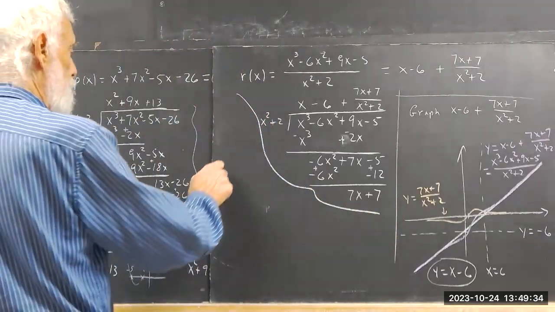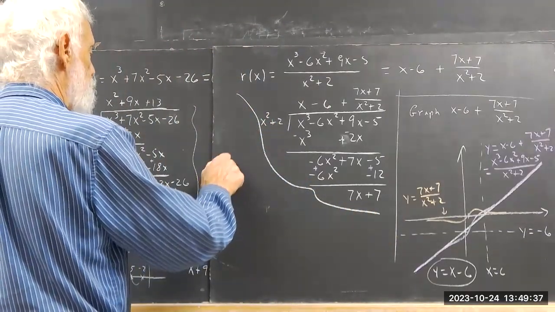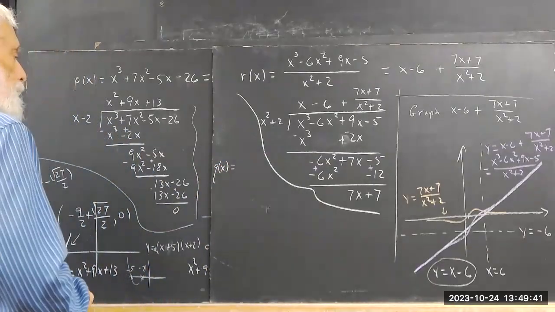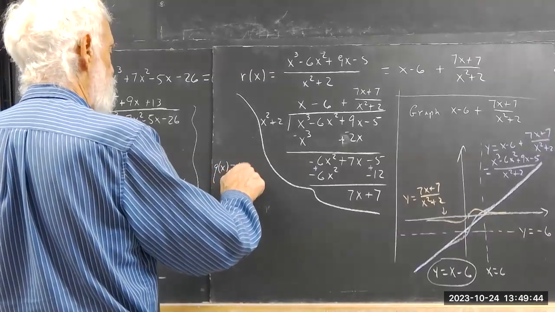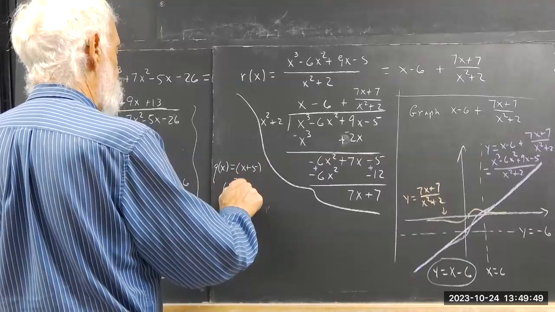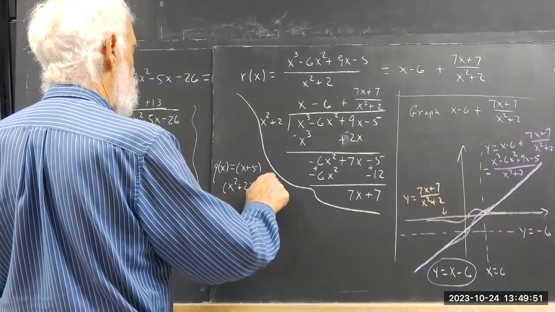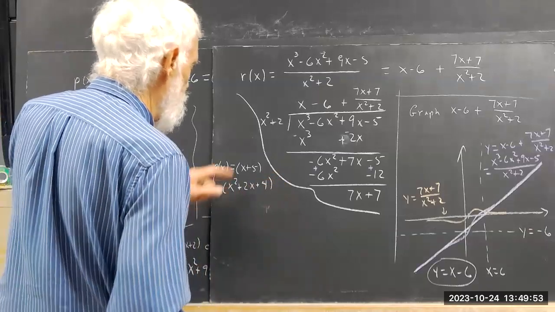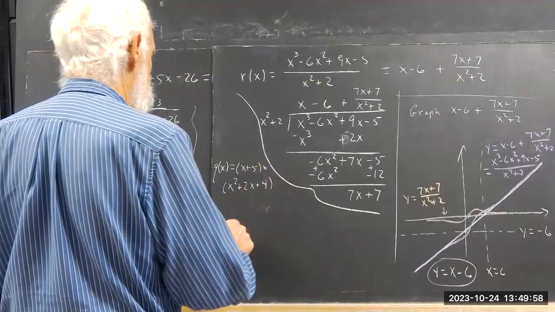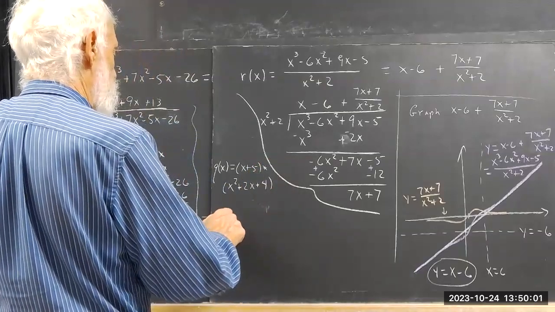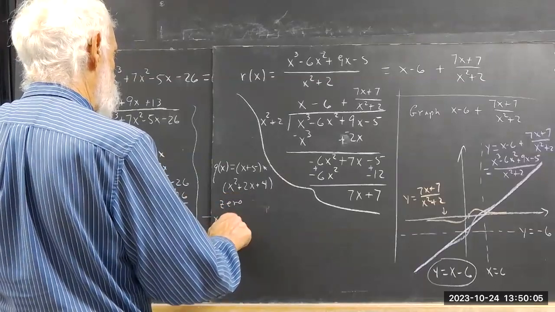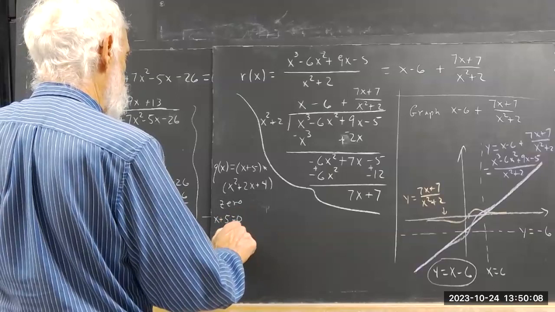Okay, but let's say we have another polynomial, P of x, that we determine to be x plus 5 times x squared plus 2x plus 4. Your zeros are x plus 5 equals 0, so x equals -5.